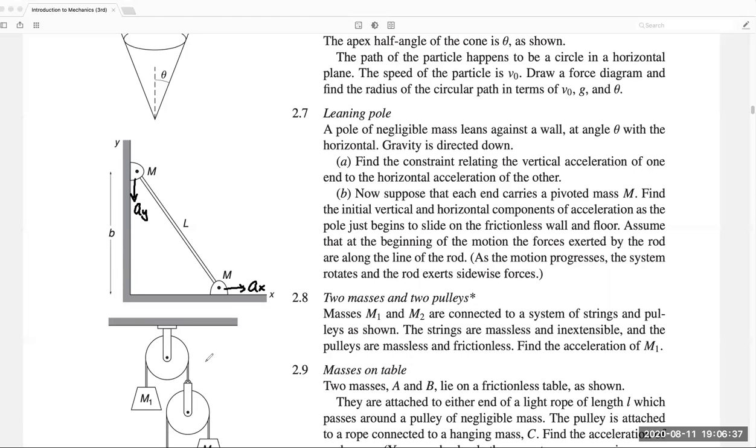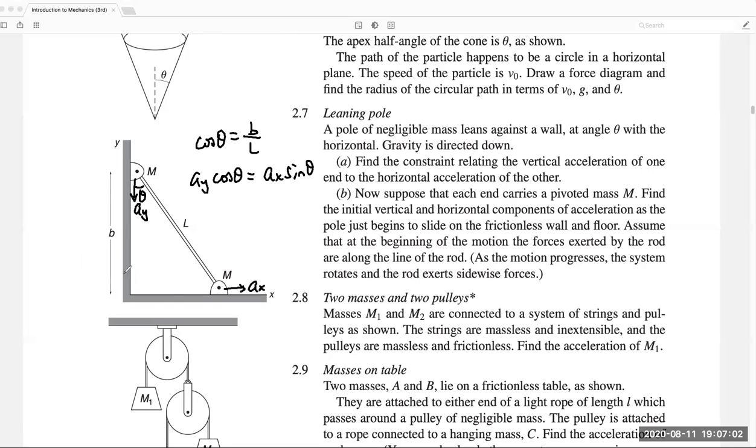So you can just make use of that property to do this question. Actually you can express the angle theta in terms of B and L. Then you can get AY times cosine theta equal to AX times sine theta.